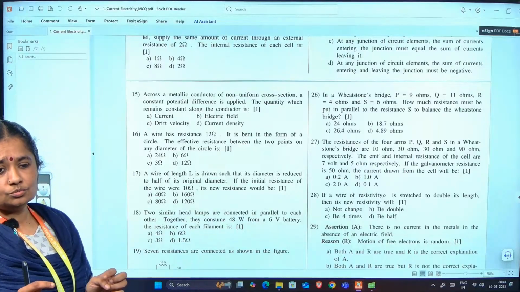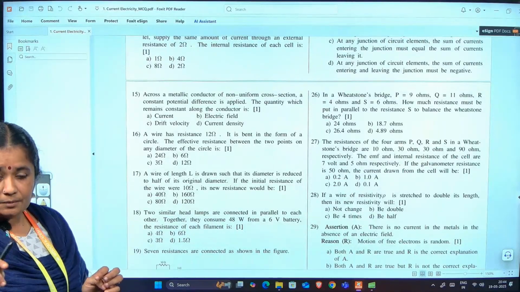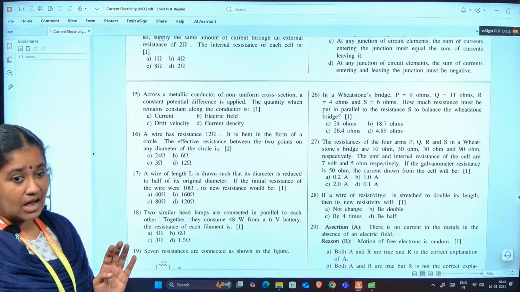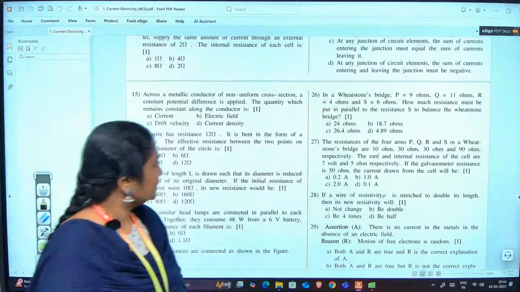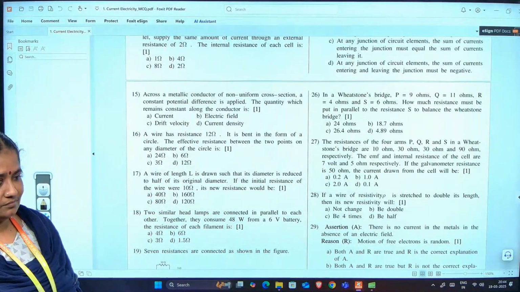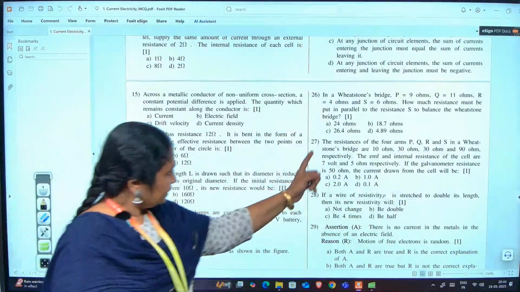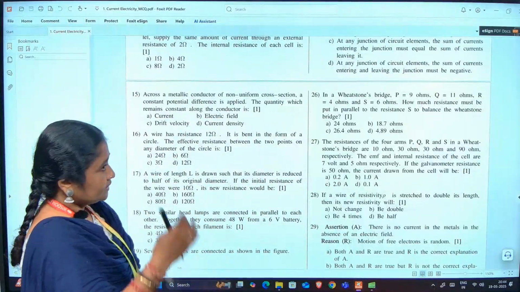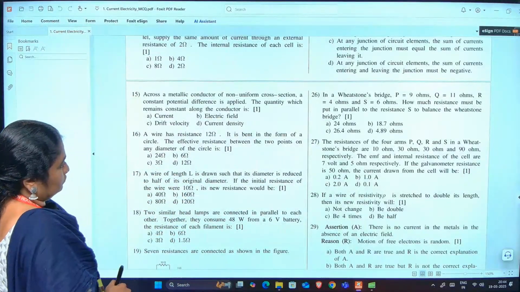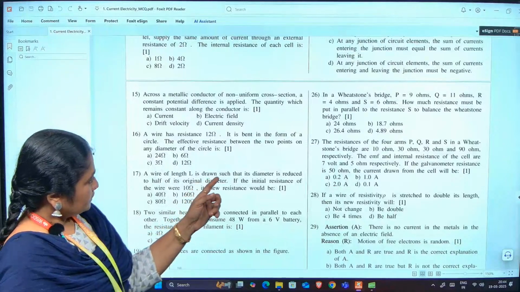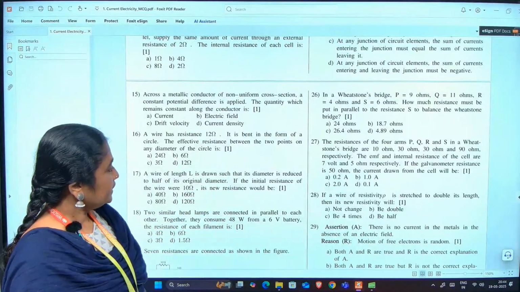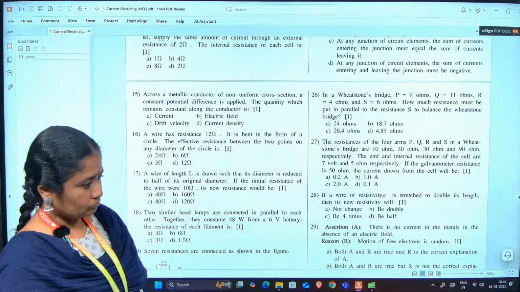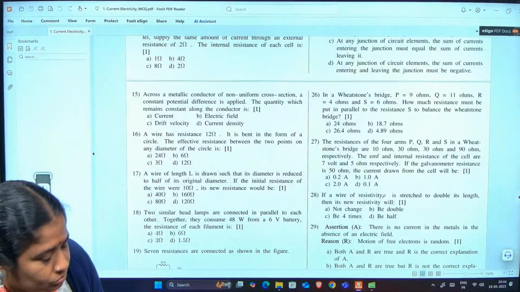I is equal to total potential, epsilon by R. Find the net resistance. 10, 30, 30, 90, not all of them in the same way. PQRS. Which will be in series and which in parallel?